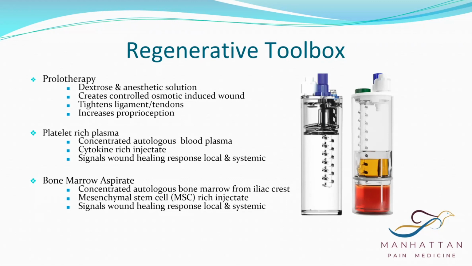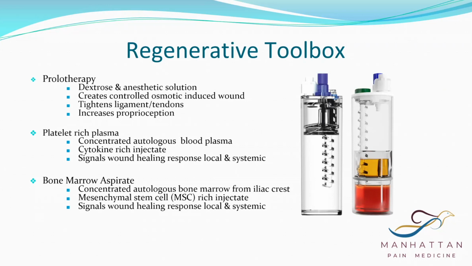The injectate will osmotically kill a few cells where we inject it, and that helps release local cytokines and factors inside the cell in order to trick the body into thinking that there's a wound in that area, and that causes inflammation, which we'll talk about in the next slide.